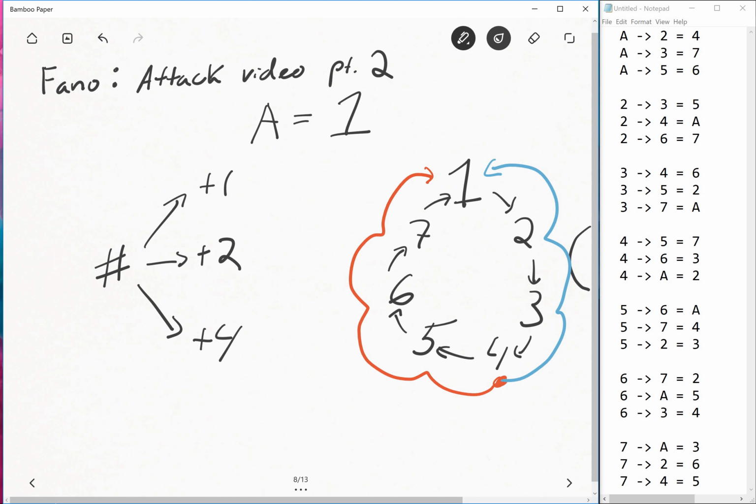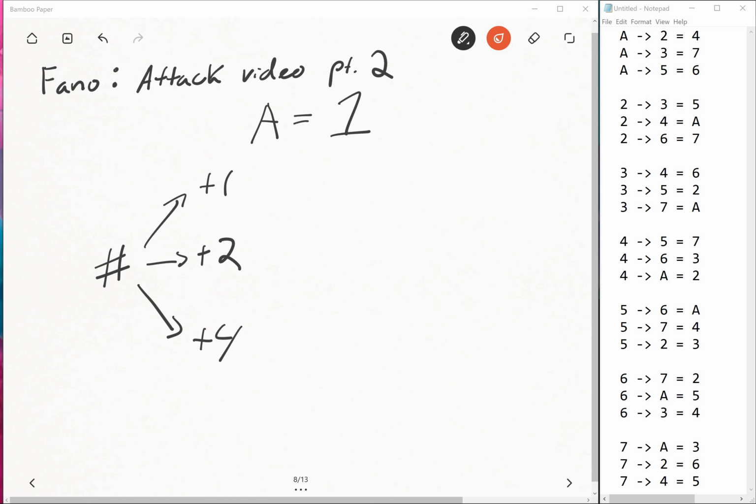In fact, any number that you can add by, you can subtract by that number minus 7. For instance, 4 minus 7 is equal to negative 3. Therefore, we can also view the attacks as minus 6, minus 5, and minus 3.